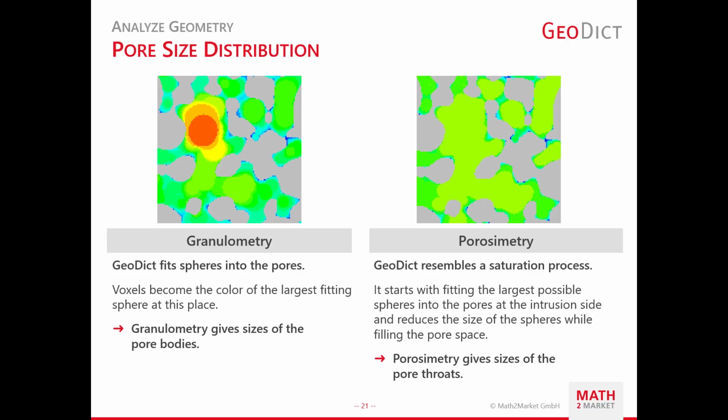But still, it's very interesting to know how big is the body of my pore. So this is something unique to simulations. And we are now calculating first the granulometry in GeoDict. But the porosimetry is done really exactly the same way, and I will show you how this is done too, but we will focus on the granulometry and start with that right now.